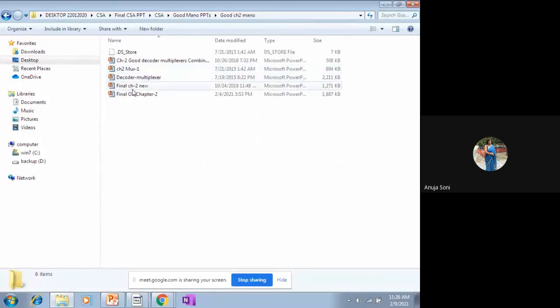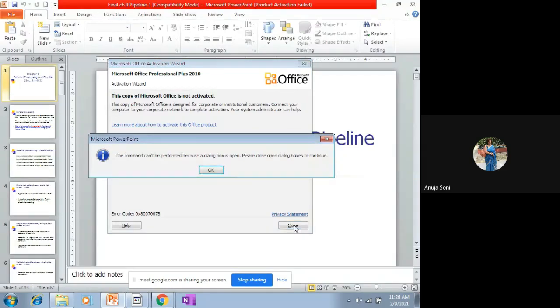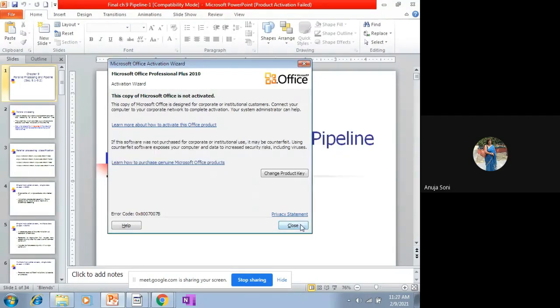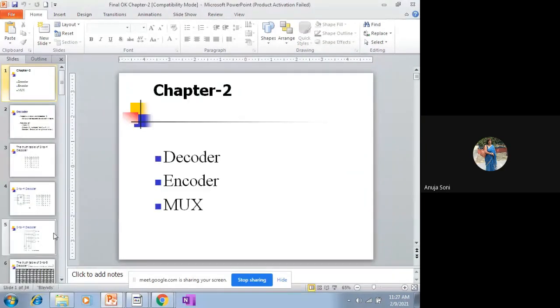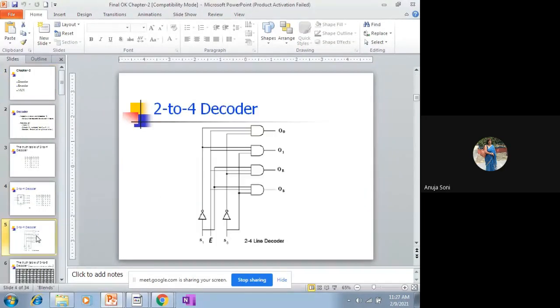chapter 2. Specifically, the decoder size 3 to 8, whenever it talks about the expansion of the decoder. Yes.